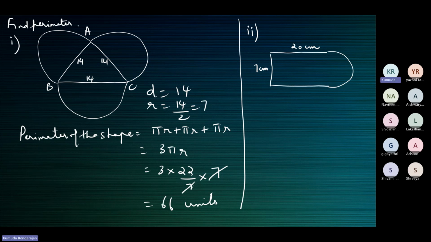So you can see the second one under that. The figure in the second one has 3 line segments and one other end is a semicircle. The boundary in figure 2 is made up of 3 line segments and one arc. That arc is a semicircle.